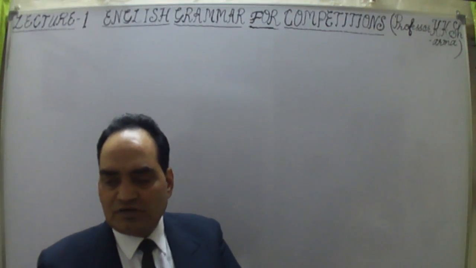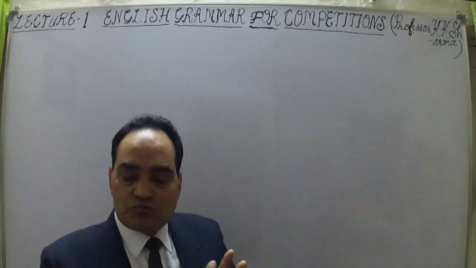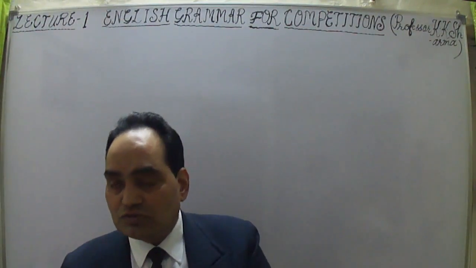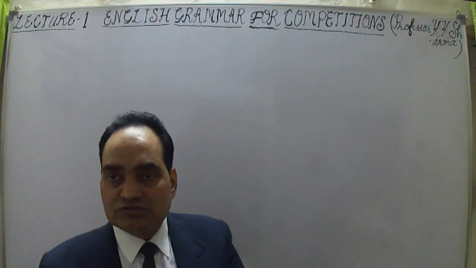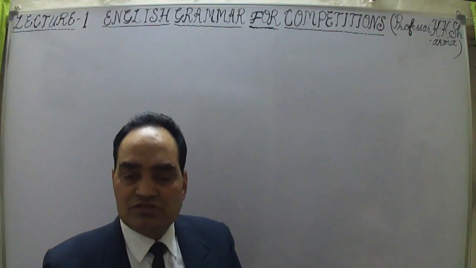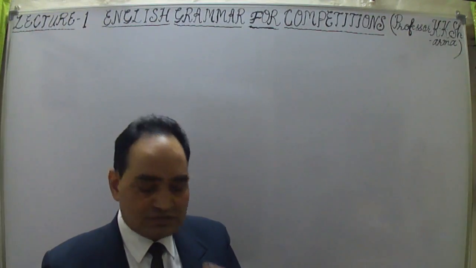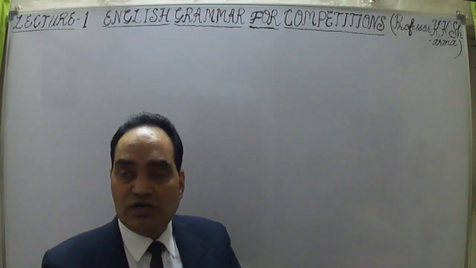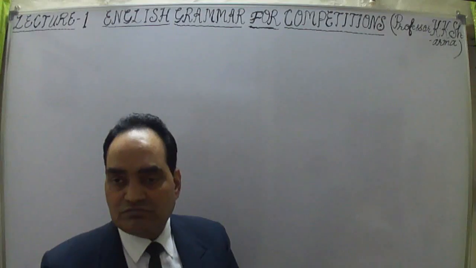So what I'm going to discuss here, first of all, the basic point: any student who wants to study English with mastery over the subject must have, first and foremost, a dictionary.